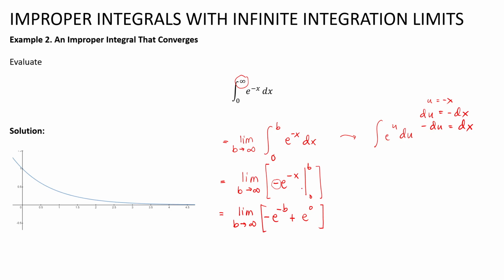Any number raised to the power of 0 is equal to 1. So this becomes the limit as b approaches infinity of negative e raised to negative b plus 1. If we plug in a very large number, let's start with negative e raised to negative 99.